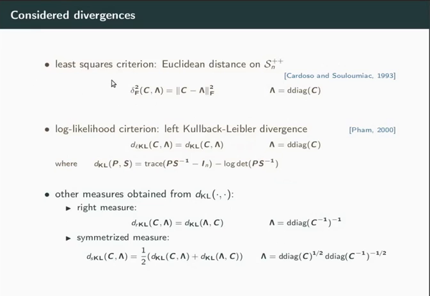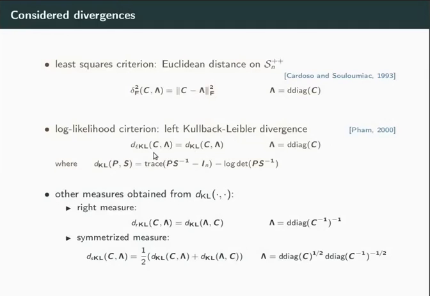So, for instance, the least square criterion is obtained by considering the Euclidean distance, for which the closest diagonal matrix to a matrix C is given by taking its diagonal part. And we also find the log likelihood criterion by considering the left Kullback-Leibler divergence.